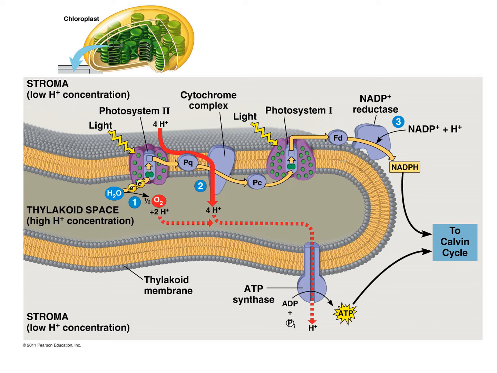Its electrons are passed off to the electron transport chain to make ATP. Photosystem 1 accepts the used electrons at the end of the electron transport chain to replace its lost electrons. Photosystem 1 hands electrons off to the coenzyme NADP.